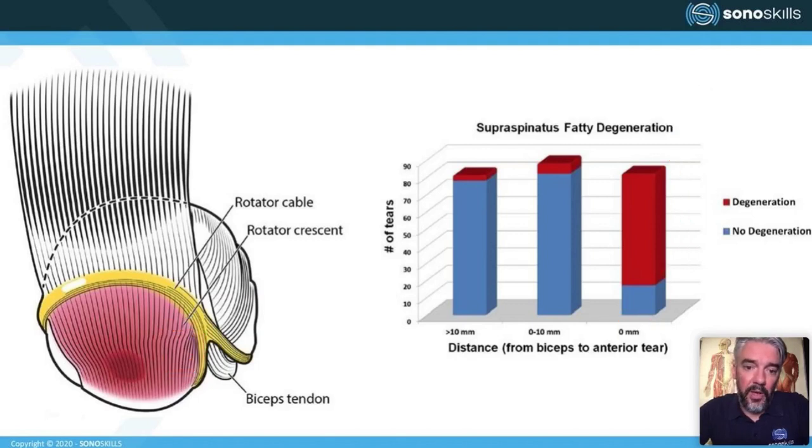But if we are 10 millimeters, let's say roughly 10 millimeters, in the posterior tendon, then there is a small risk of fatty degeneration. So what I always do is, if the anterior tendon is torn, always check your supraspinatus muscle for fatty infiltration, because this is important to know whether it's still a functional, qualitative muscle. This fatty degeneration you will see less in case of posterior tearing of the supraspinatus.